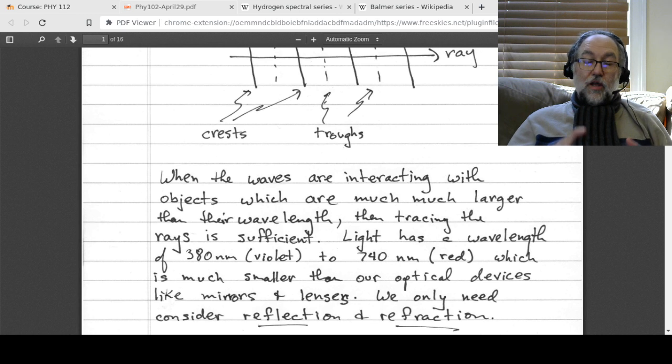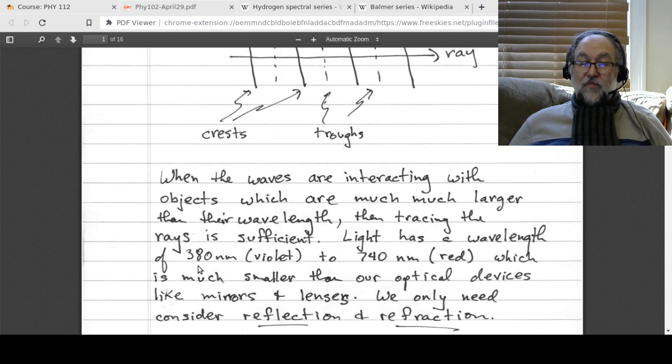Okay, so diffraction and interference, those occurred when your optical devices, like holes or barriers or whatever, were approximately the size of the wavelength. Okay, so once again, diffraction and interference really are only of issue if you're talking about your optical devices being about the size of the wavelength. Okay, now if we're talking about visible light, it's basically the rainbow from violet to red.